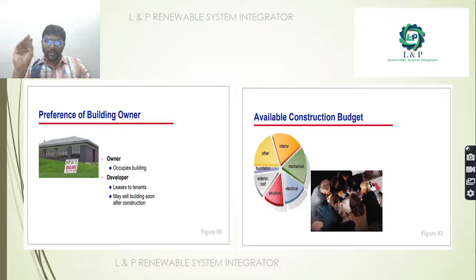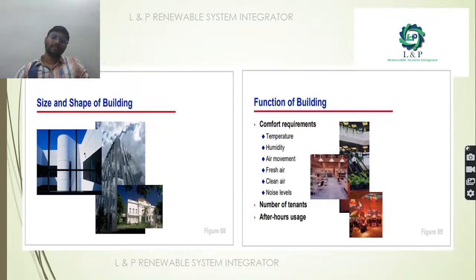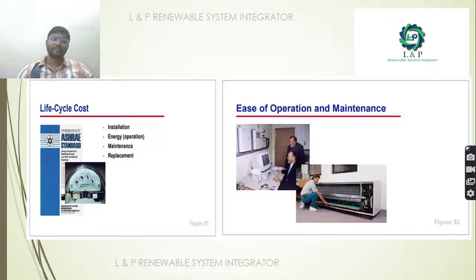We also need to look into the interior, mechanical, electrical, and others. All these things you need to consider. And if you are going to the function of the building, as we told earlier, we have comfort requirements of temperature, humidity, air movements, fresh air, clean air, and the noise level.